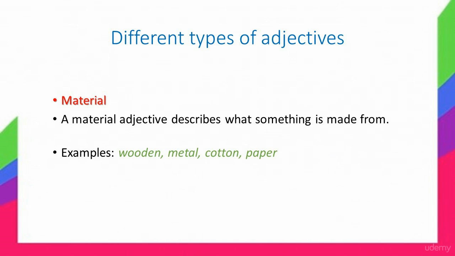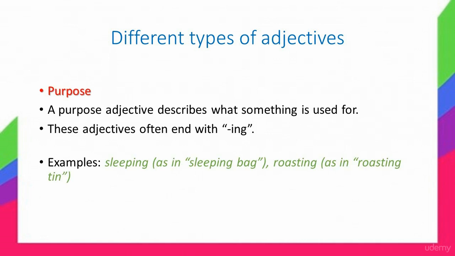For instance, wooden, metal, cotton, and paper. Purpose adjectives. A purpose adjective describes what something is used for. These adjectives often end with ing. Examples are sleeping, as in sleeping bag, or roasting, as in roasting tin.